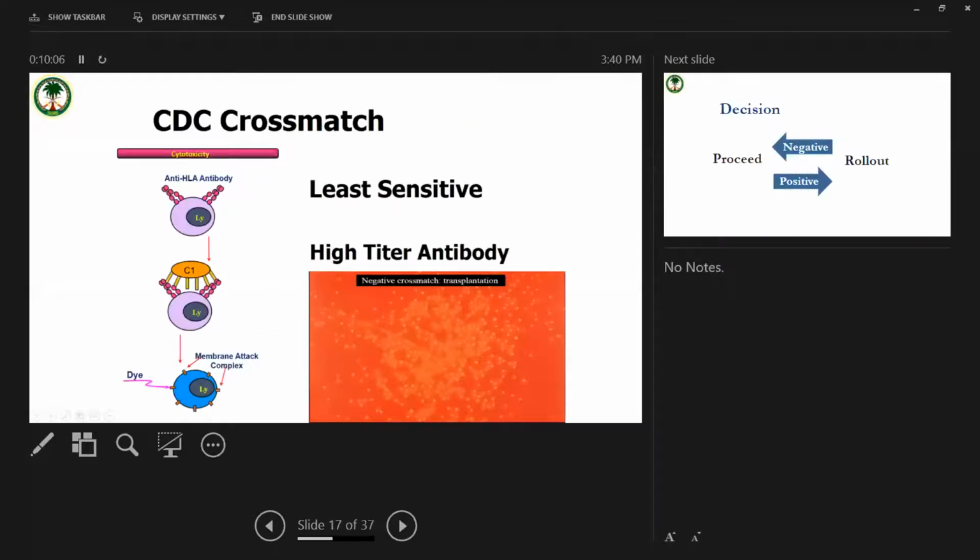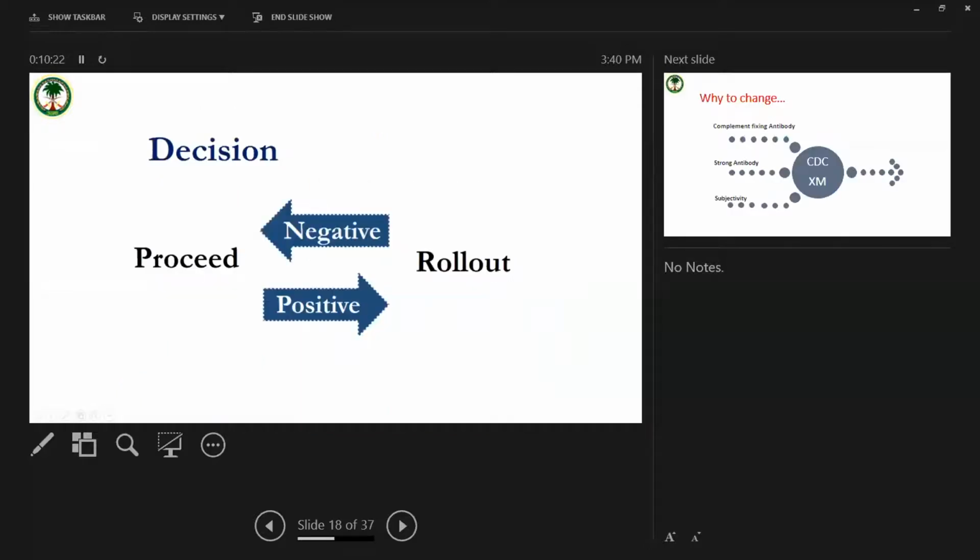CDC cross-match, yes, we do believe that it is the least sensitive because it can only detect high titer antibody and can't detect weak antibodies. Another thing is that it can only detect complement fixing antibodies, so non-complement fixing antibodies might not be detected.